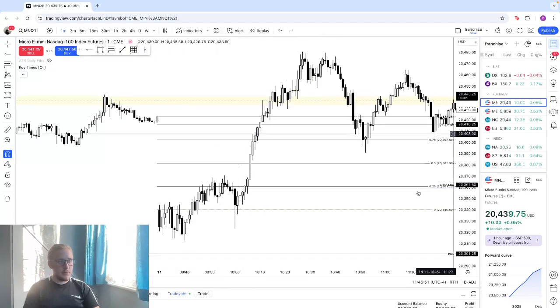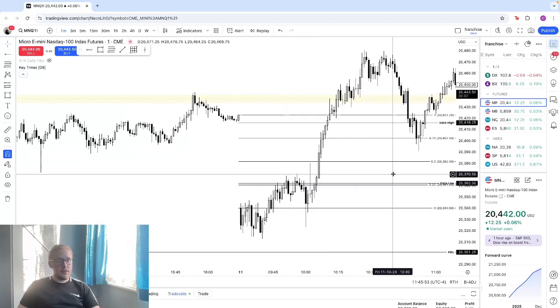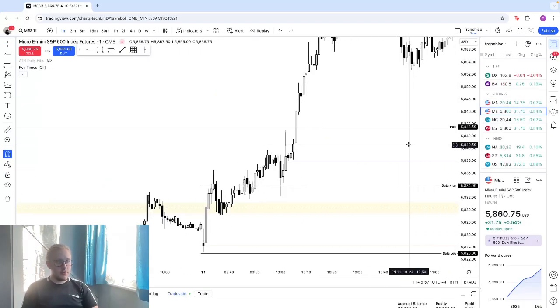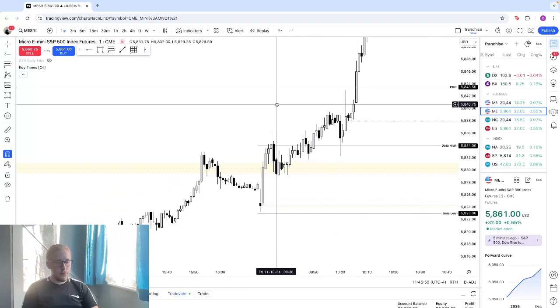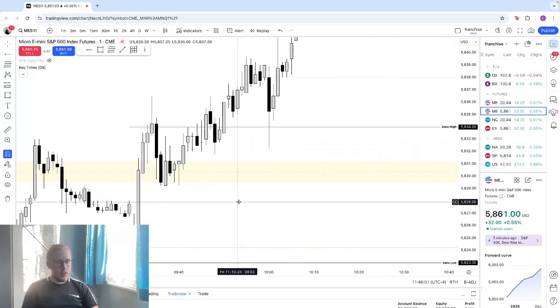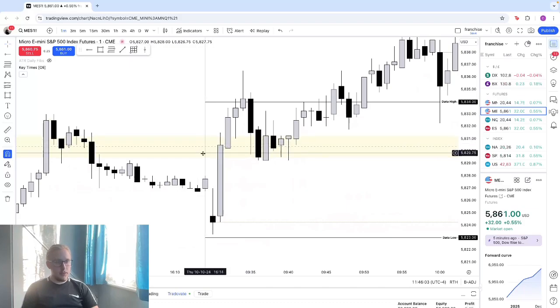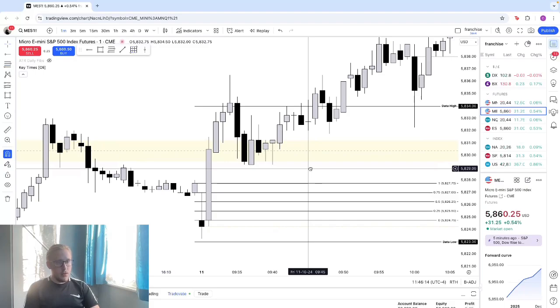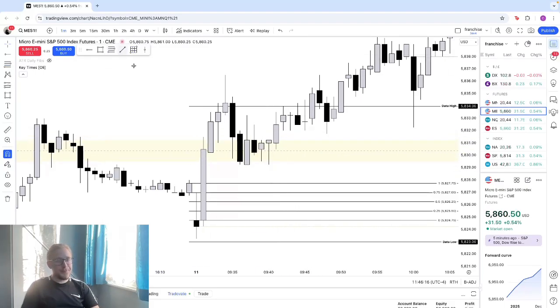But anyways, yeah, so this is our opening range gap. Do that on ES as well. ES had a tiny one. Yeah, ES had a very small one.